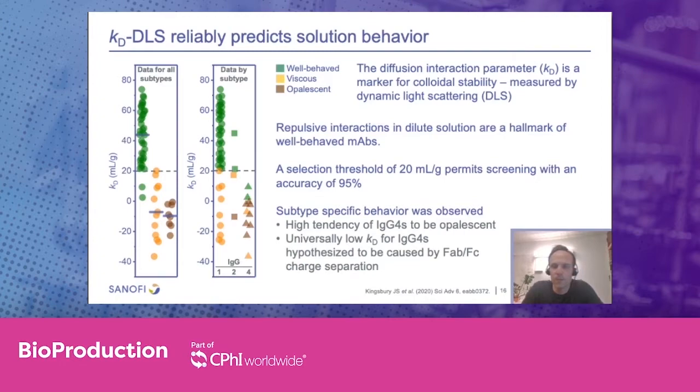So we are anticipating or hypothesizing that there may be very strong anisotropic charge effects that lead to self-association for the IgG4 under these conditions. And this hints also that there may be an orientation effect implicit in the opalescent microstructure.